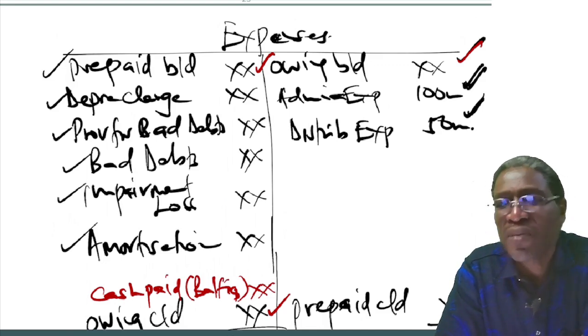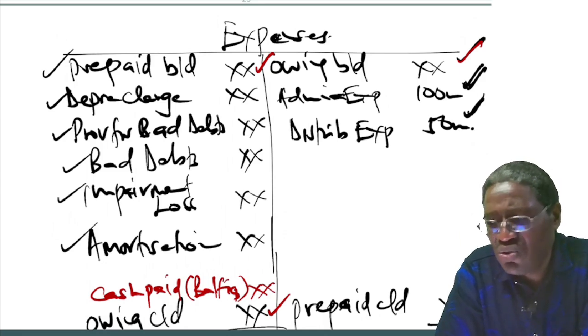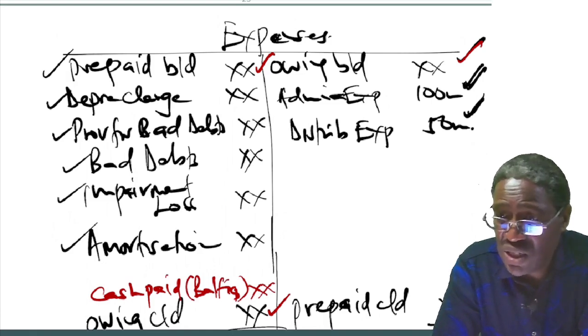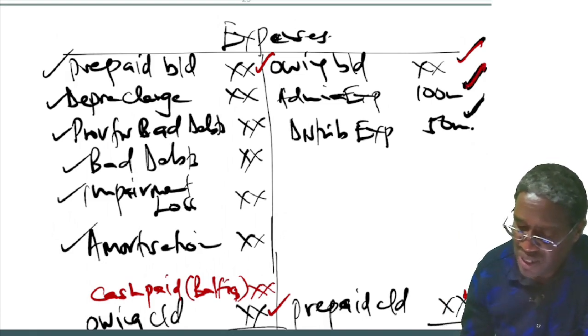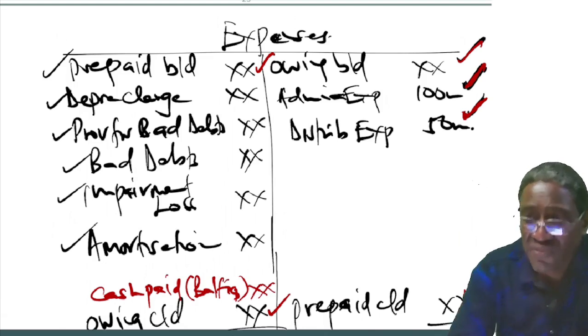of this year. Then I said, go to the income statement that the examiner has given to you. Pick the charge for the year for expenses. I've told you, those charges are normally debited in the P&L account, so you credit the expense account here. Good. Which was in my illustration here, admin 100, selling and distribution 50.